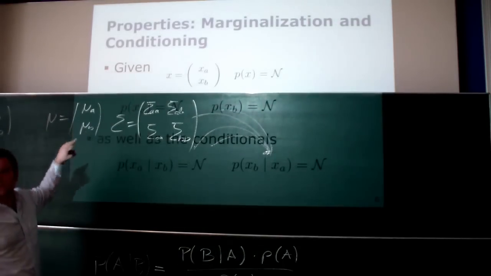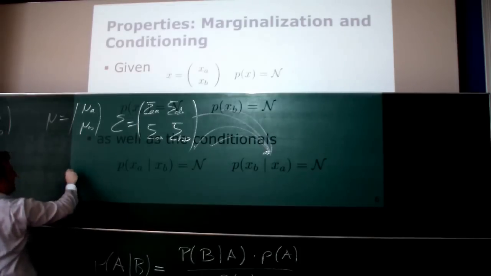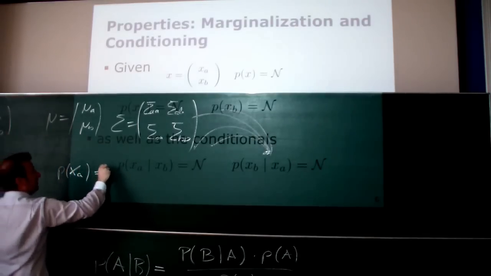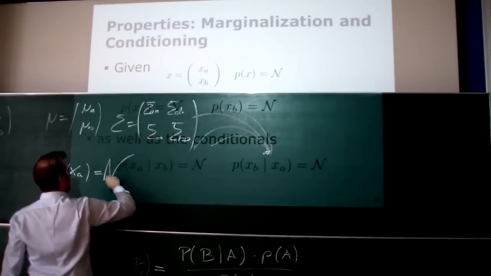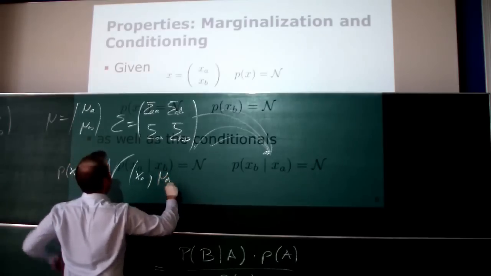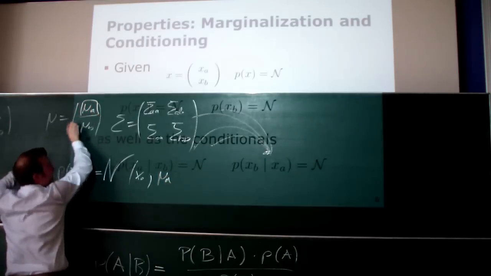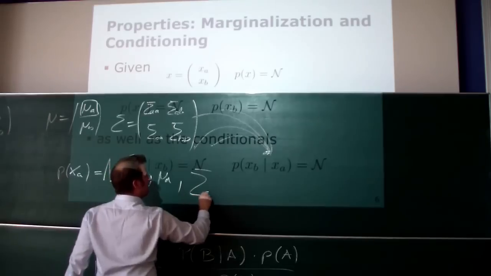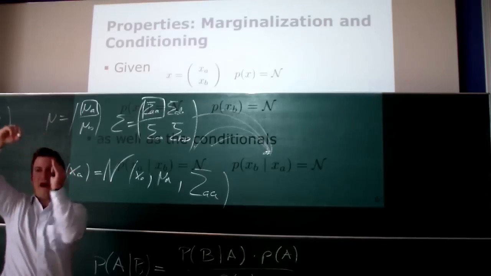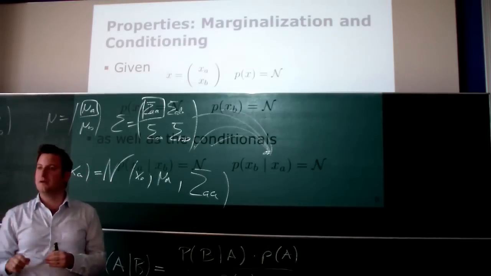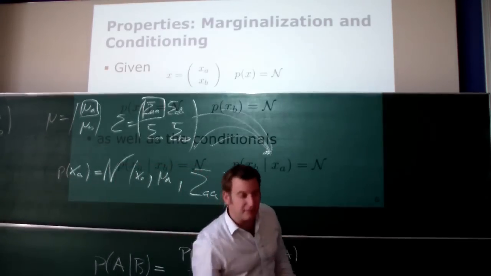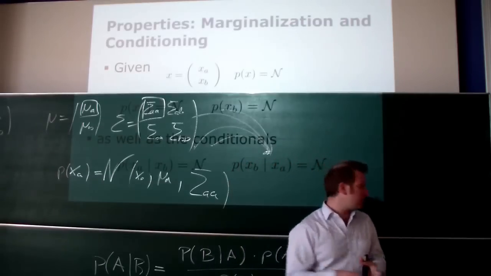If you look at the marginal only considering the variable xa, p of xa is the Gaussian of xa with the mean just this value over here, and with the covariance matrix sigma aa. You can just cut out the corresponding part of the mean vector and the covariance matrix. So the marginalization is easy.